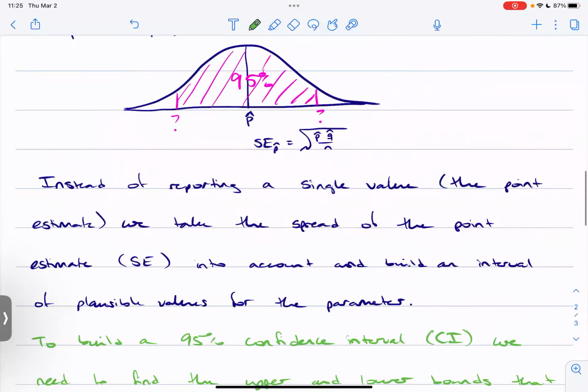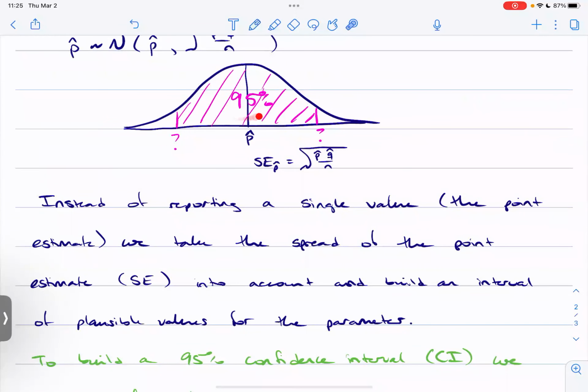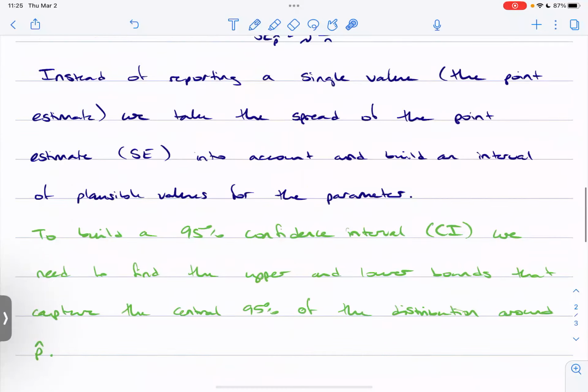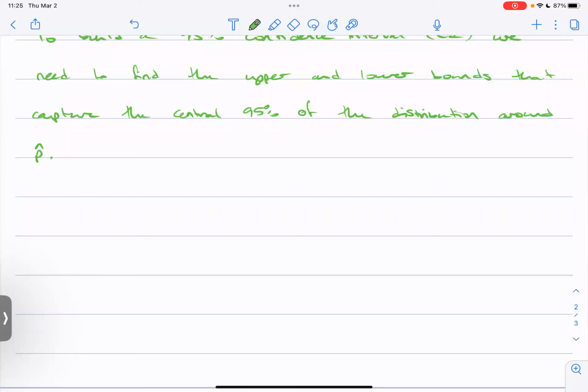Visually, it looks like this. Mathematically, what are we doing? We have p hat, and then we want to go down a little, up a little, so I'm going to use plus minus.